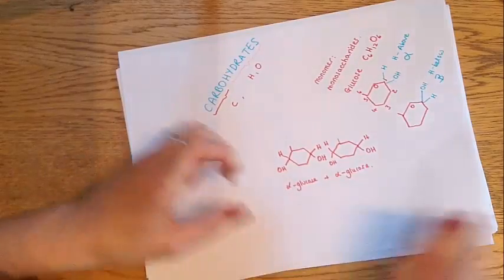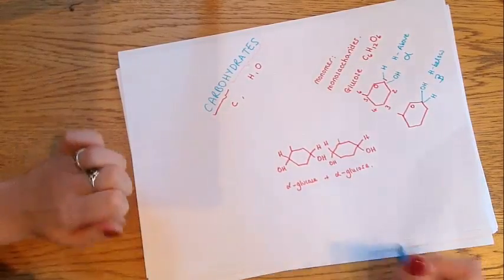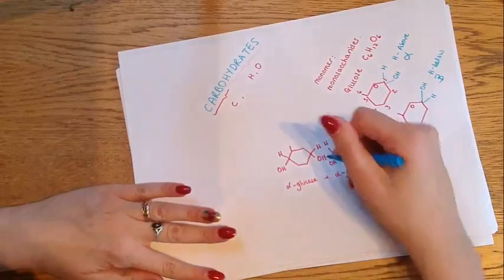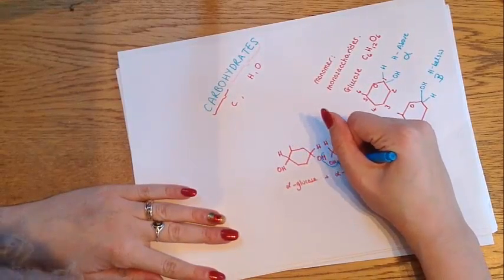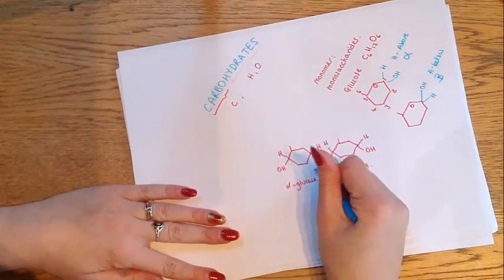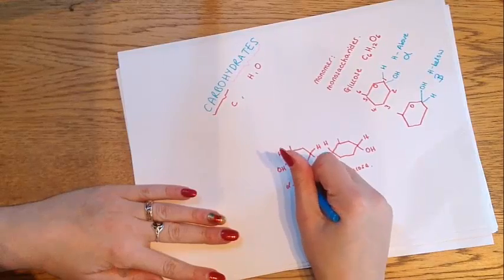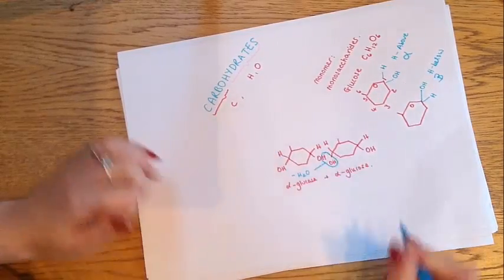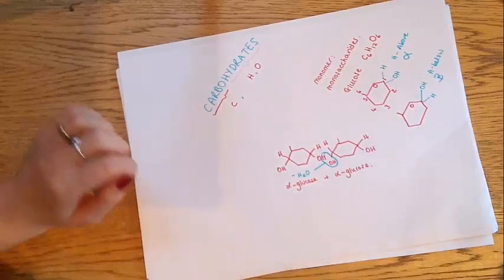If we join them together, we're going to show a condensation reaction. So we're going to find the water, H2O, and we get the release of water. That's one of the things that has to happen in a condensation reaction.